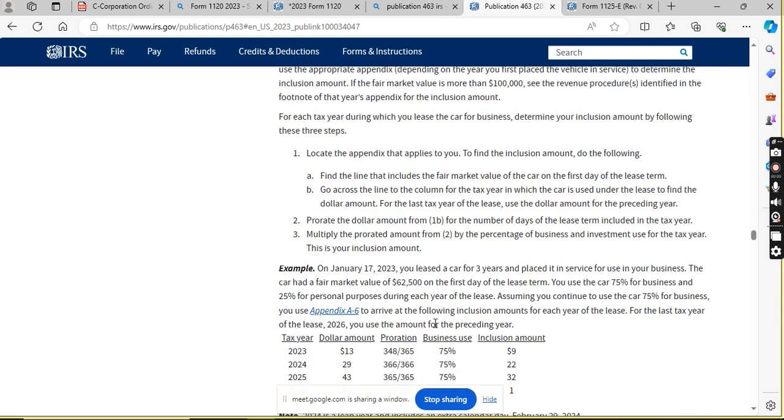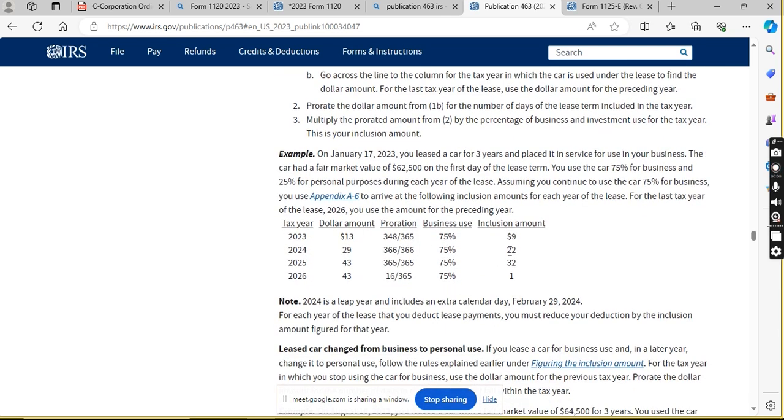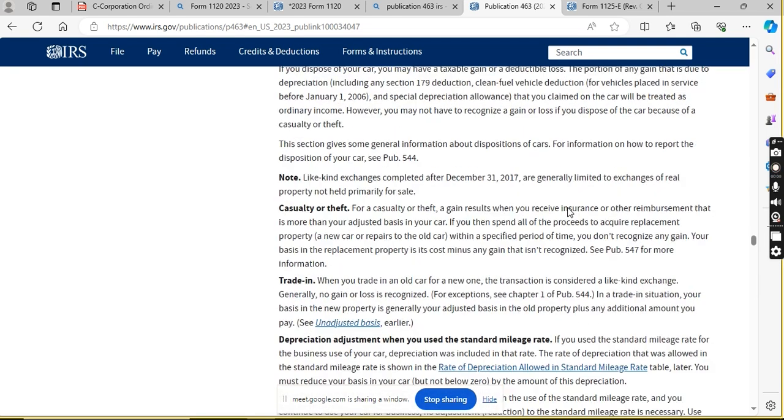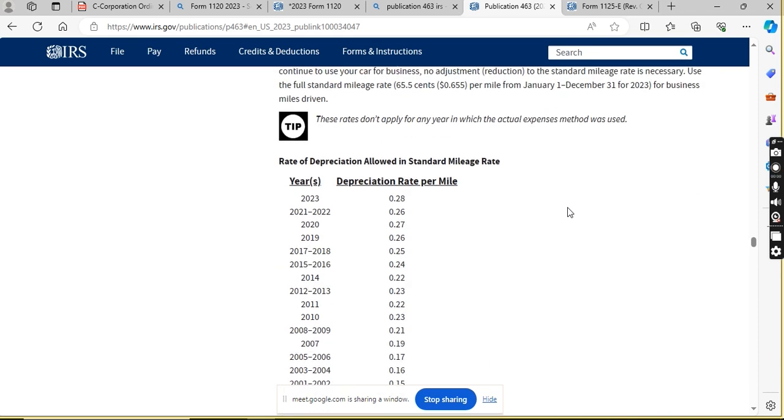Now, what is the inclusion amount? Inclusion amounts are these. For 2023 there will be a whole list over this.